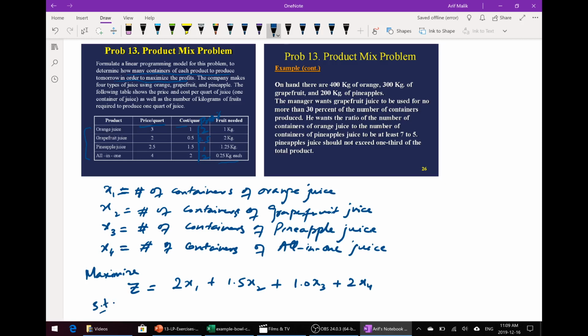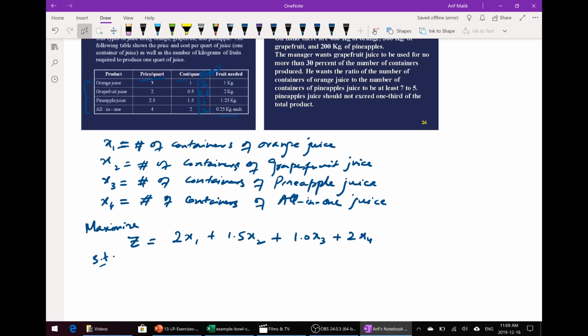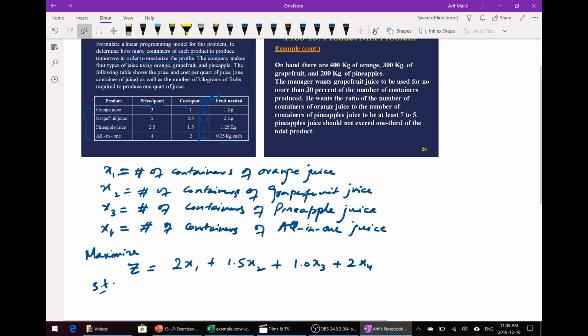Now how many constraints can we see? First of all, there are constraints about the weights. We have 400 kilograms of orange, 300 kilograms of grapefruit and 200 kilograms of pineapple. And we know how much is needed for making one container of each juice, and all-in-one is also using 0.25 kilogram of each. So let's write down the constraints.